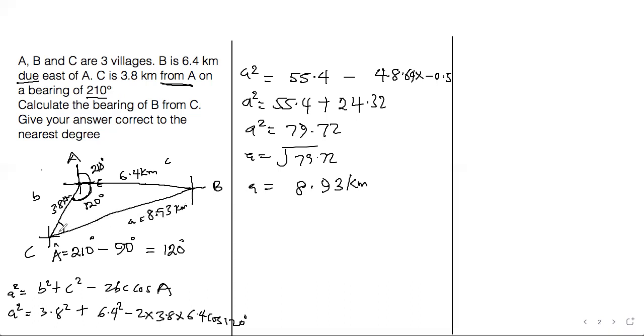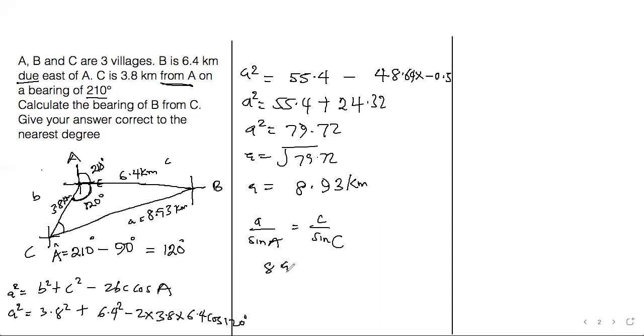We can then use sine rule to figure out this angle C. So if I use sine rule to get angle C, then I'll have A over sine A equals C over sine C.